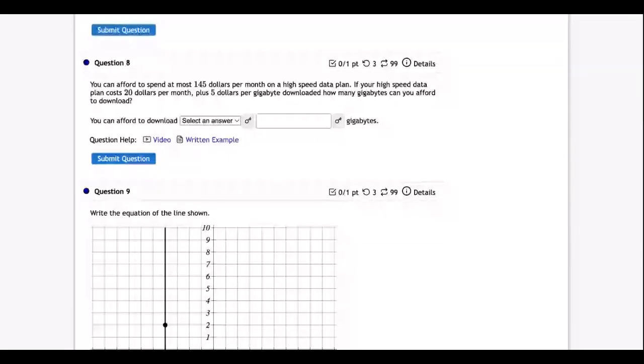I understand it. It's just how I know that you have to write an equation first and then get your answer. This is the inequality, right? Yeah. So think about you only have $145. You cannot spend more than $145. So how do you form this inequality?